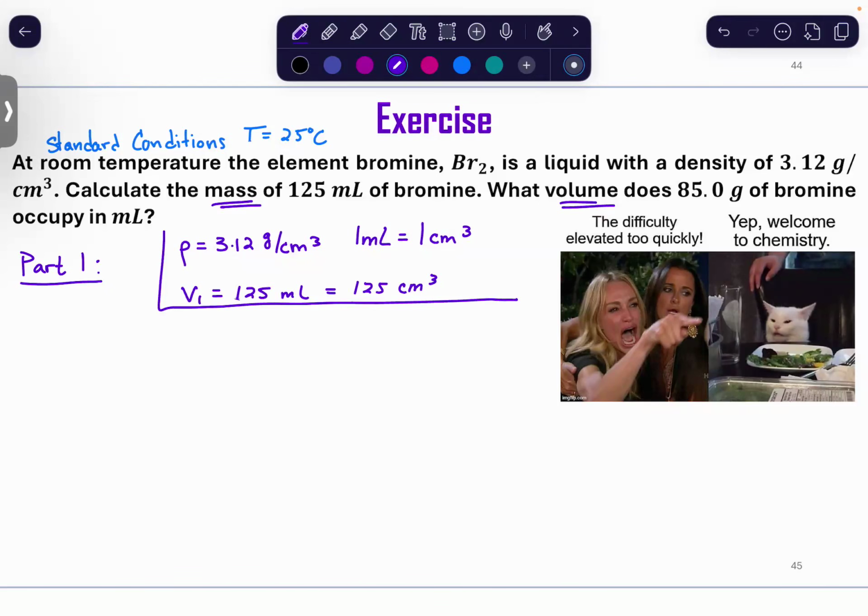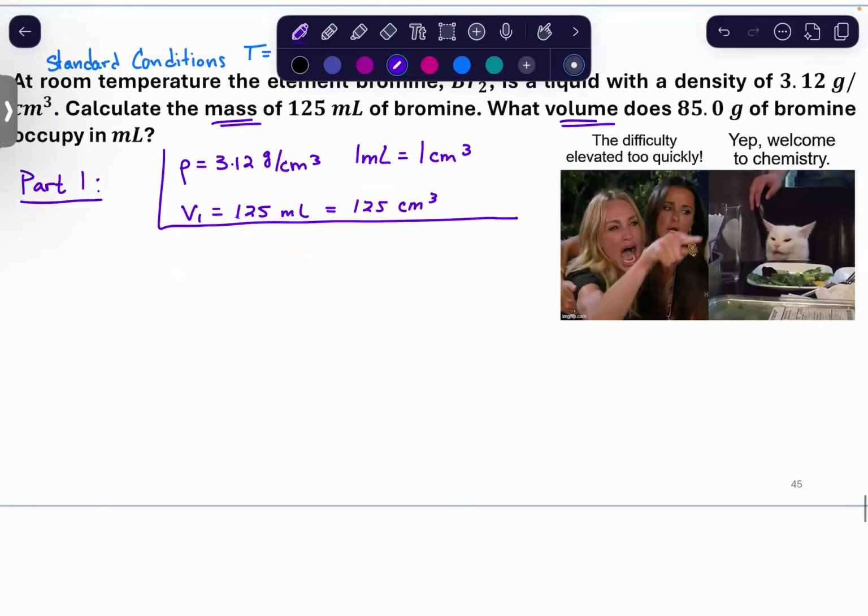I'm going to make another short list of things I know for part two. If you want, you can put them all in your first list, just as long as you're making your list of things that you know. Okay, so my theorem is my definition of density, mass over volume. And I'm trying to find mass when I have a volume. So I'm going to multiply through by volume, which means that my mass is going to equal my density times my volume.